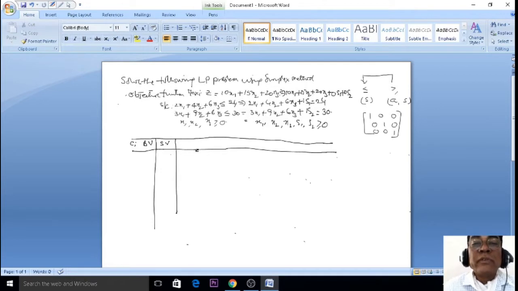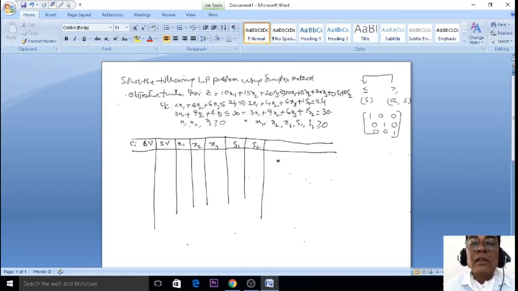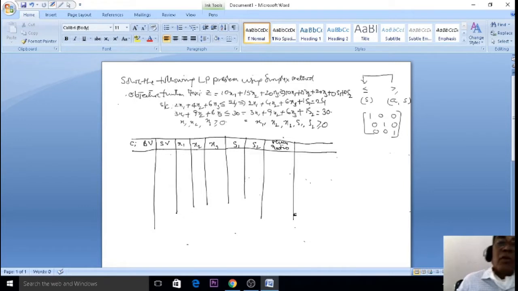In the two equations I have three variables, so x1, x2, x3. Next, the slack variables, only two, s1 and s2, and the last column is the minimum ratio. Finish.